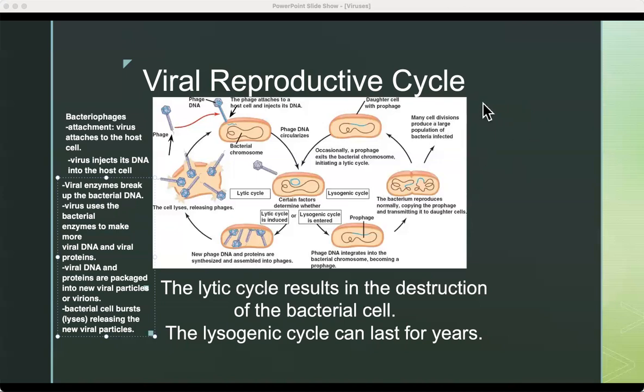Now, there is another part to the viral reproductive cycle of a bacteriophage, and this is called the lysogenic cycle. Now, the thing to remember about the lysogenic cycle is it does not result in the death of the bacterial cell.